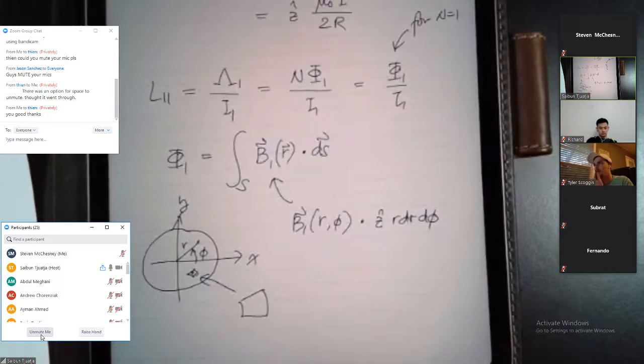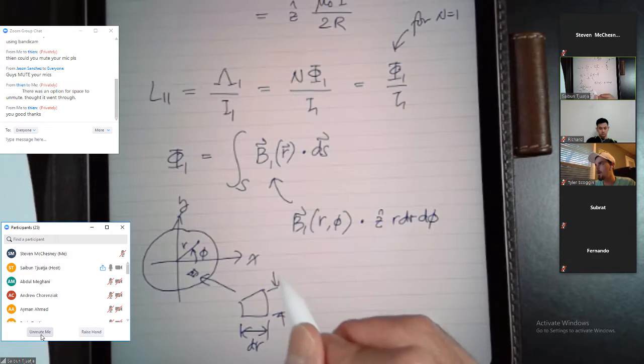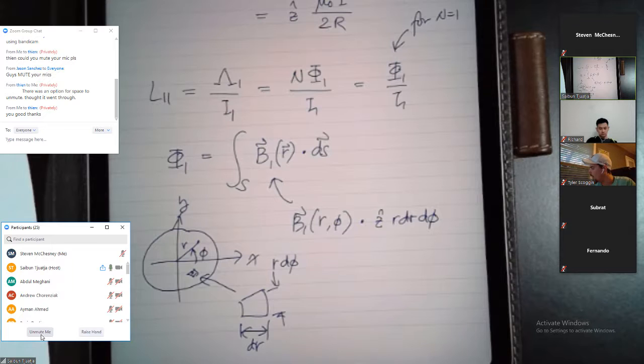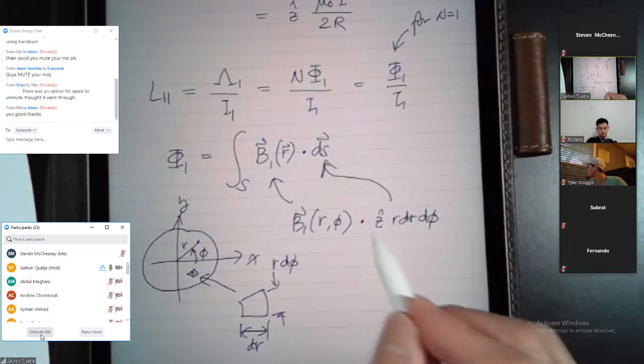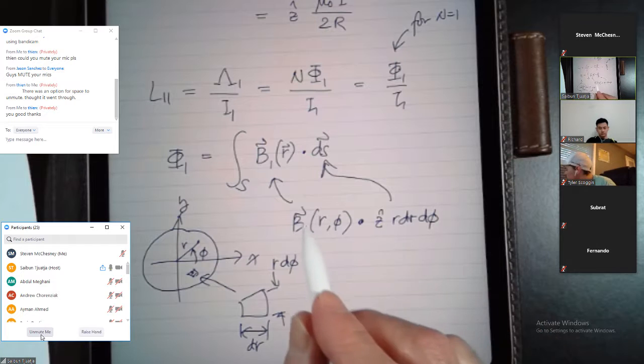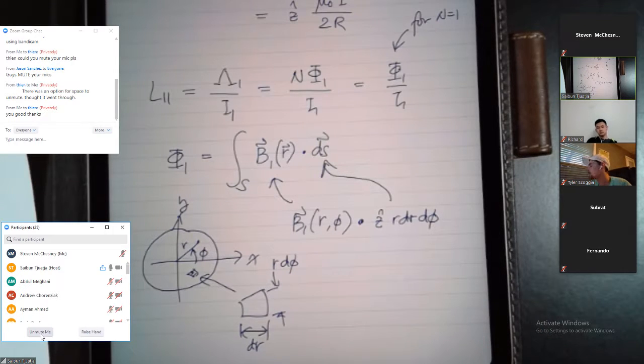Can you see it? This is dr. This is r d phi. So the surface is normal. This is the B1, and this is dS. Remember, you have to put in a dot product because this is a vector.